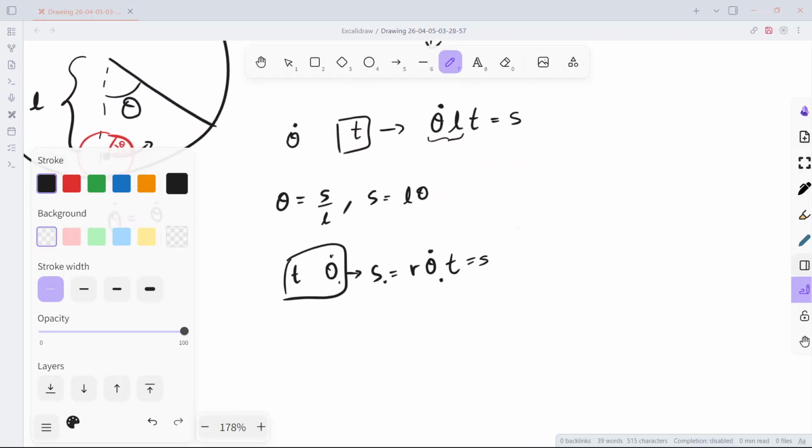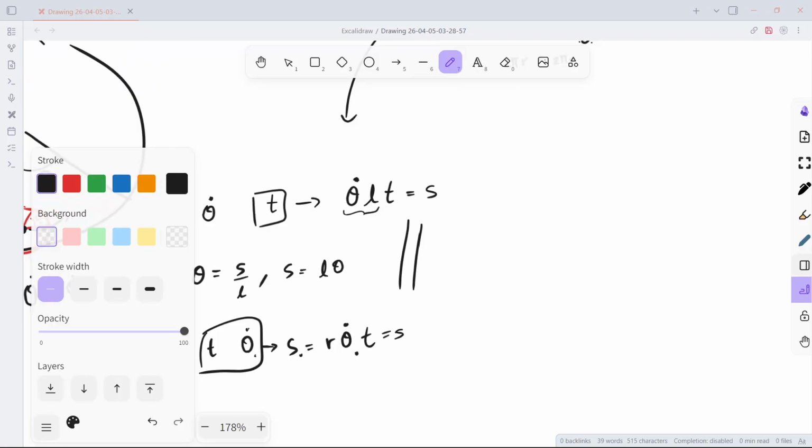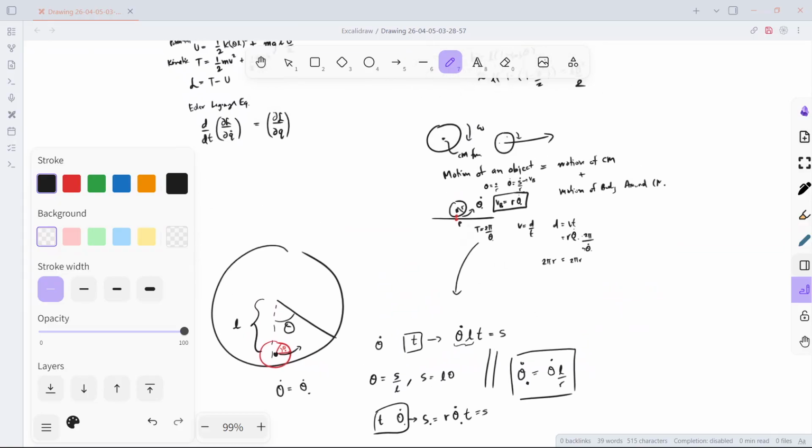Interesting. From here, since these must be equal, theta dot dot equals theta dot times L over R. Very interesting.